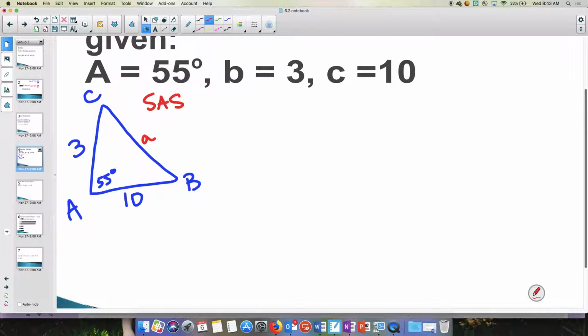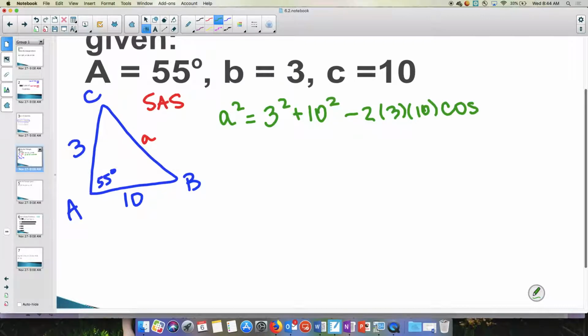Okay? So to set up our law of cosines formula, we're going to write a squared, that's the side we're solving for, equals side squared plus side squared minus 2 times those two sides times the cosine of the angle across from our loner side, which is A. Okay?